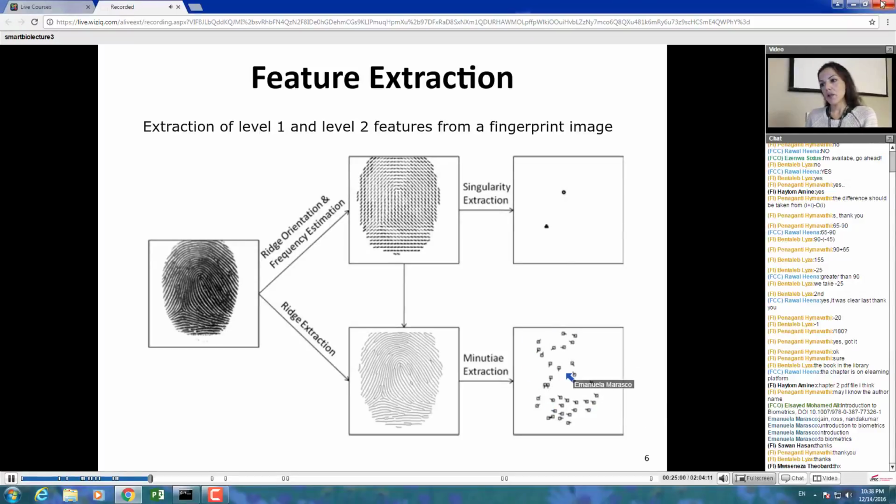And this will be the representation used for matching. So we will have two vectors of minutia points that we need to compare. We need to understand if they come from the same person.